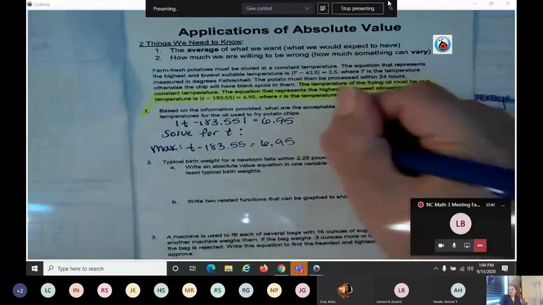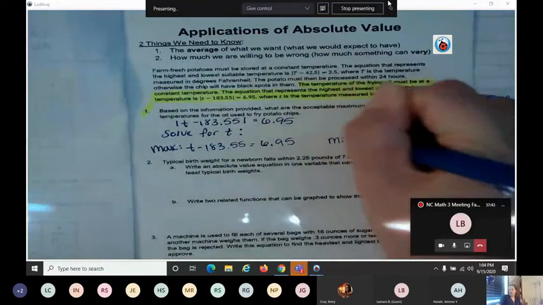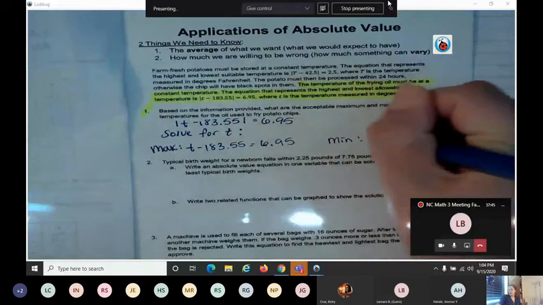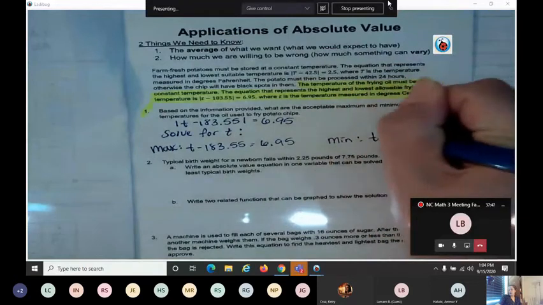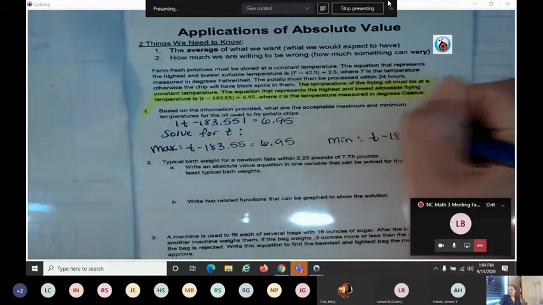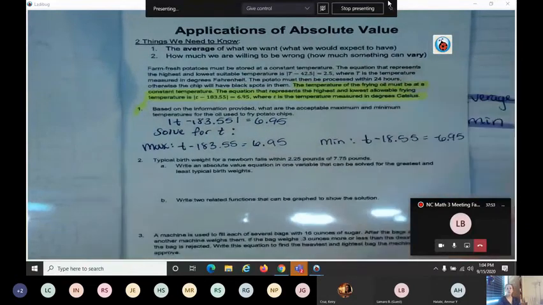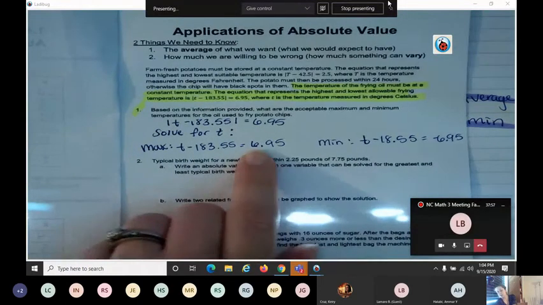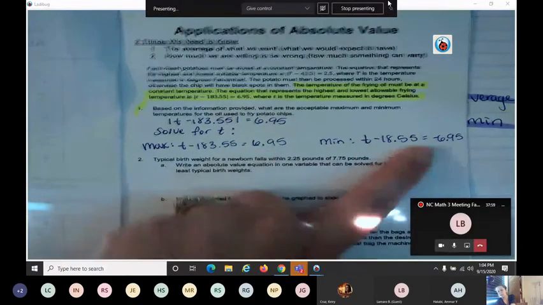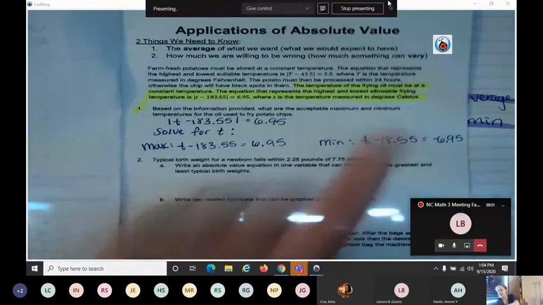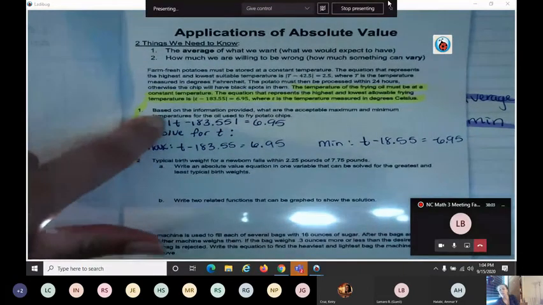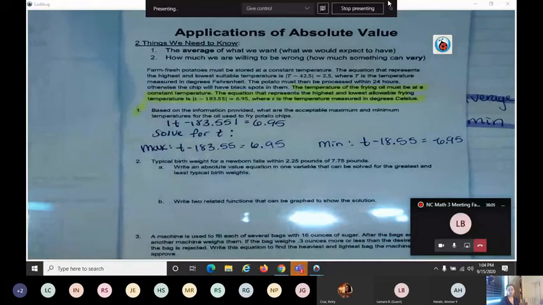And then my min value will be calculated by setting the inside equal to the negative 6.95. To find the max, I'm going to use this equation. To find the min, I would use this. And we're just solving this entire absolute value equation using the same methods we did before.